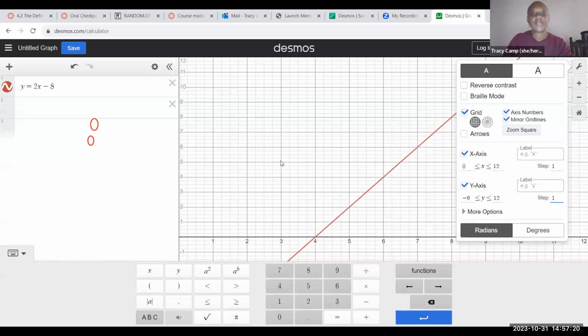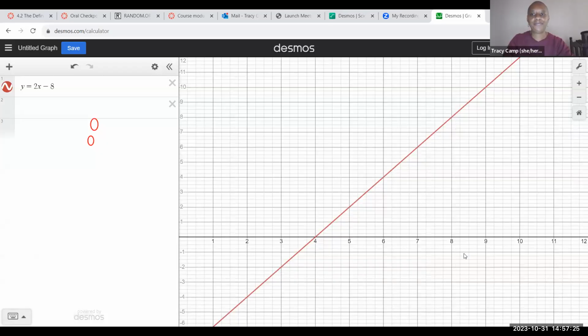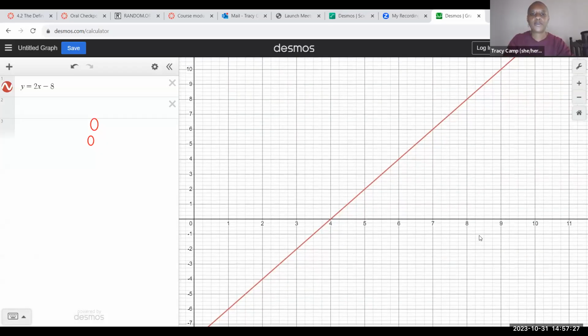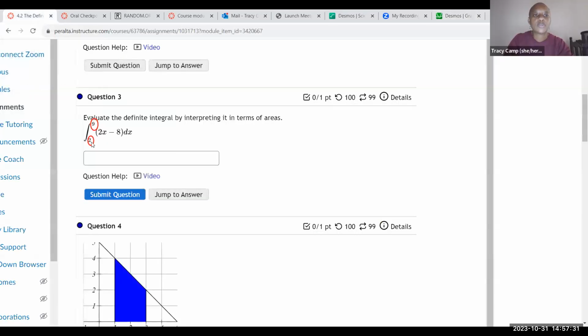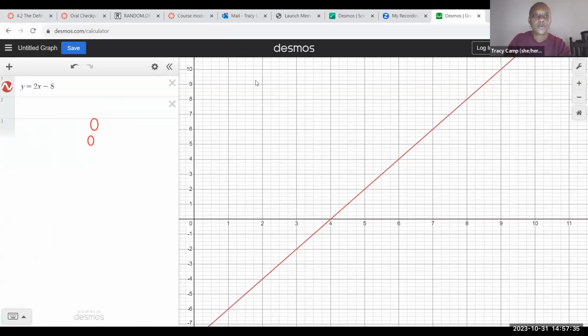Okay. So much work. But I feel good. So if we're being told to start at 2 and end at 9, we are going from here to here, starting at 2, ending at 9.